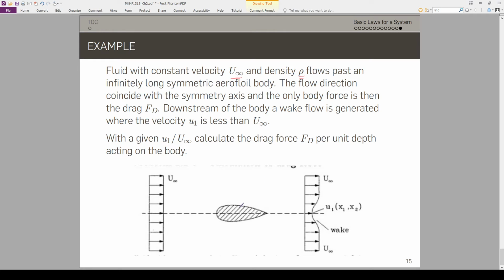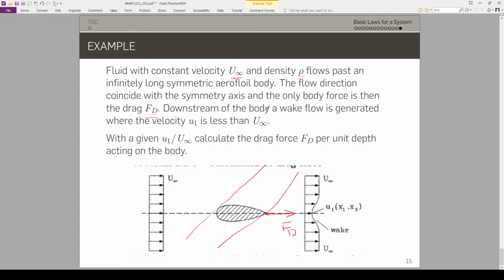That means our airfoil, if we look at it in 3D, spans to infinity. The flow direction coincides with the symmetrical axis, and the only body force is then the drag force, which is given by D, and the drag is in this direction.